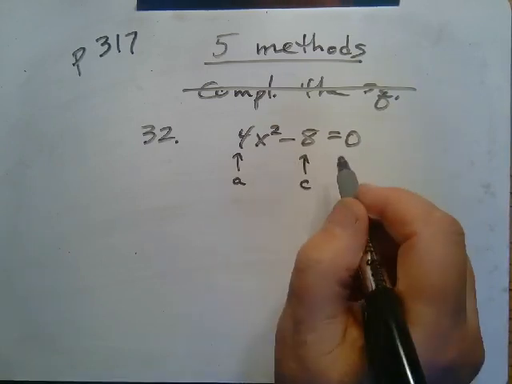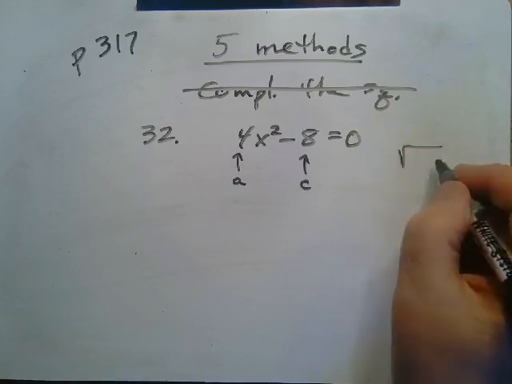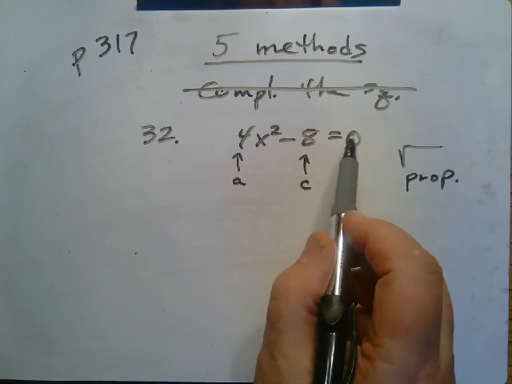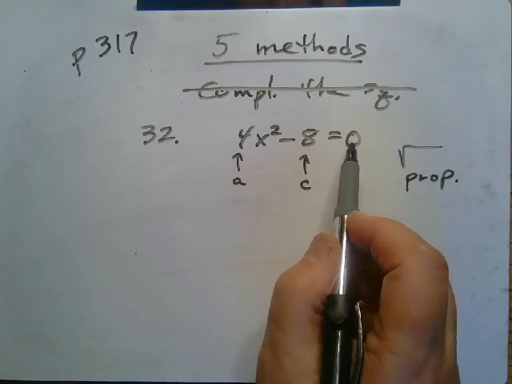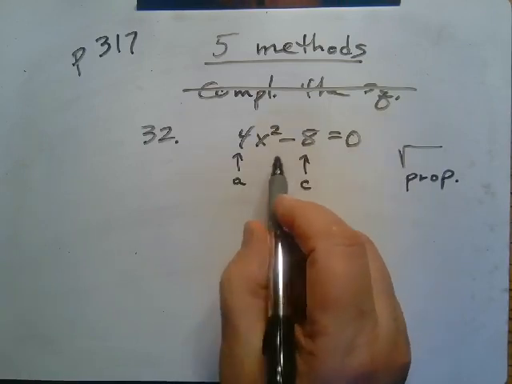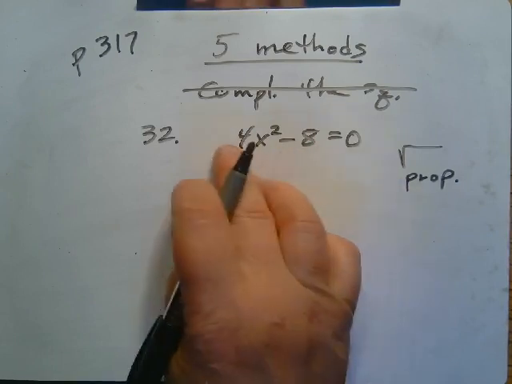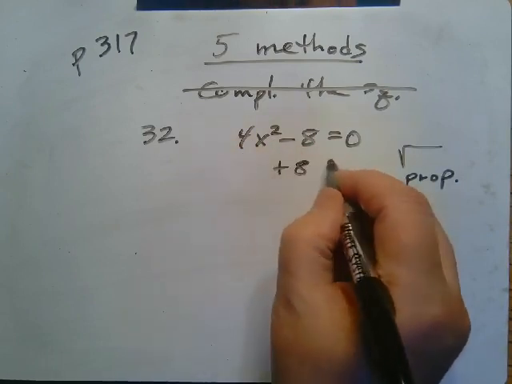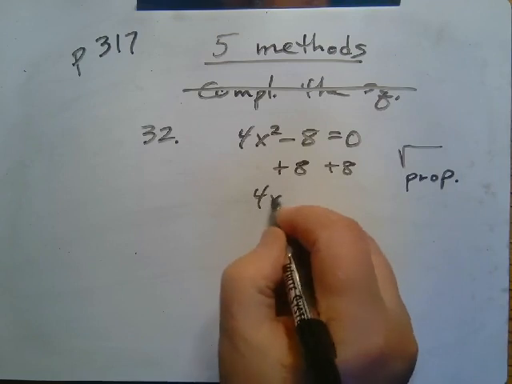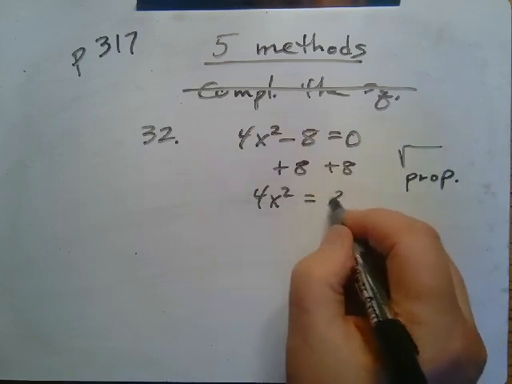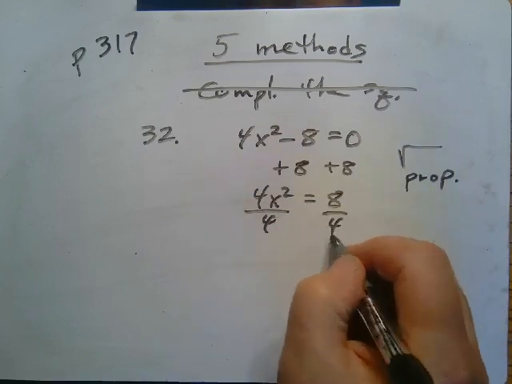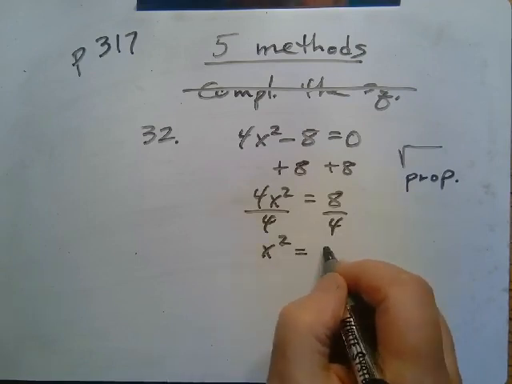When there's no b term in the problem, the square root property is a good way to go. Instead of setting it equal to 0 in order to factor it, let's get x alone. Well, what am I going to do? I'm going to add 8 to both sides. Divide by 4. x squared is 2.